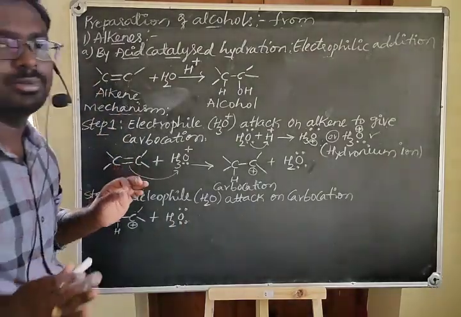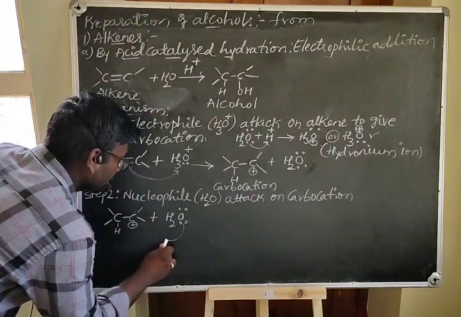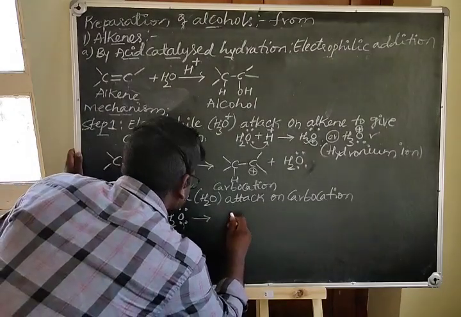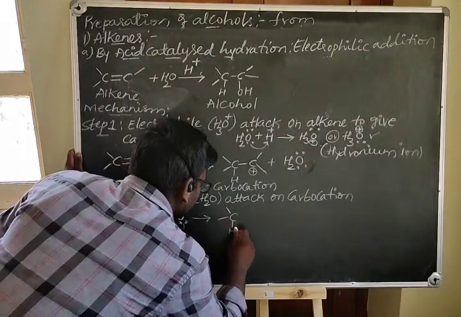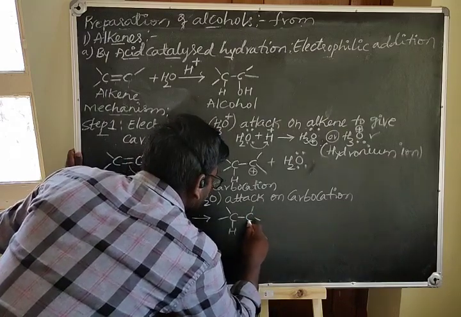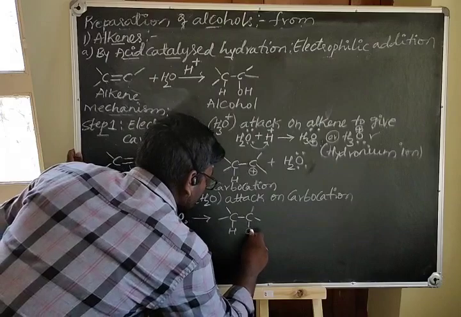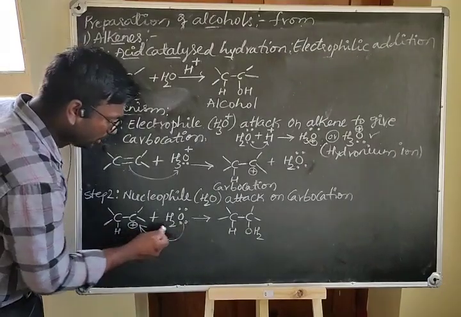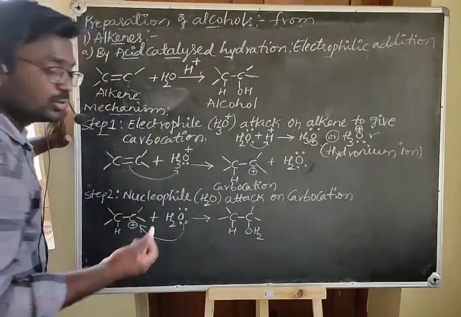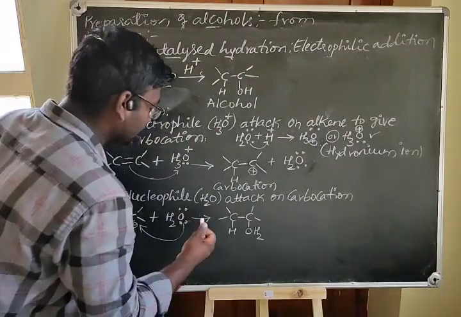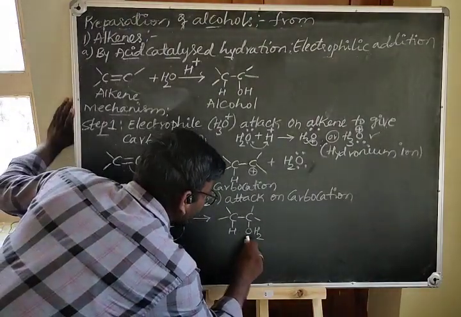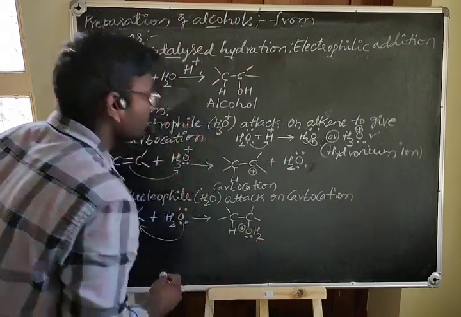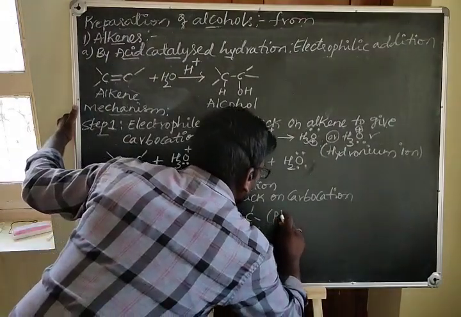Always keep in mind that the electrons will move like this, and it gives the protonated alcohol. This is OH2. Here again the oxygen is making use of one lone pair of electrons, and due to the loss of one lone pair, it gets a positive charge. One more lone pair of electrons will be present. Now this is called a protonated alcohol.